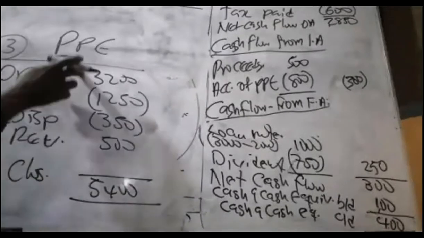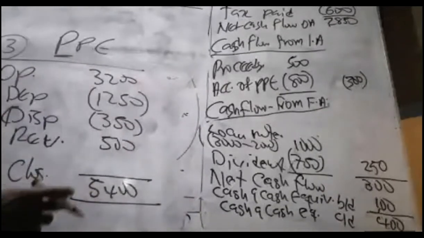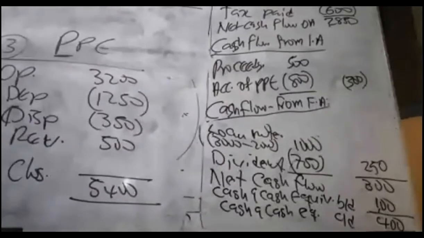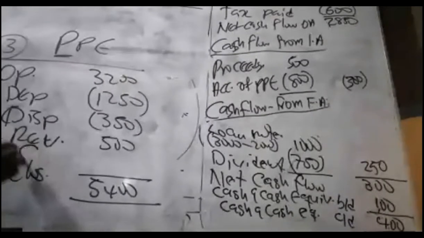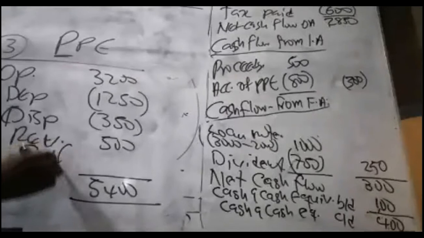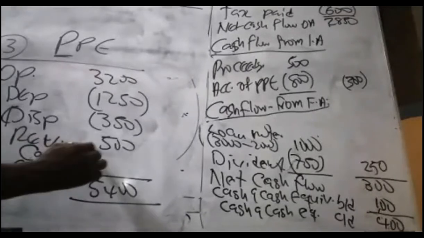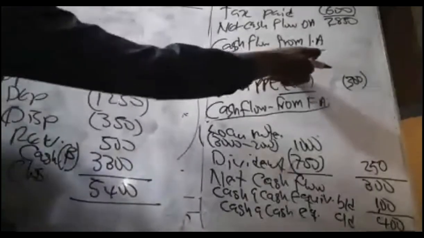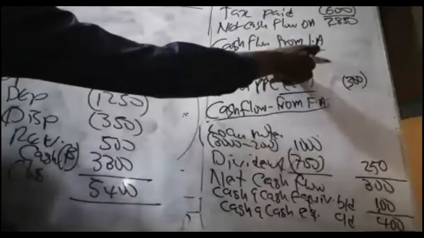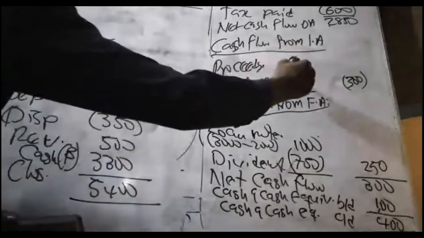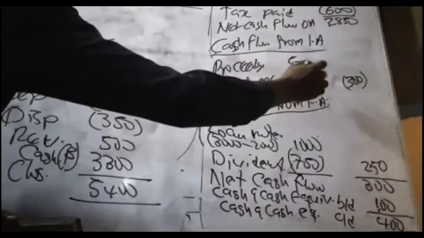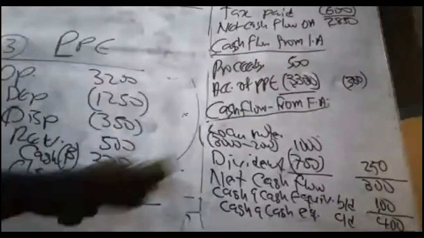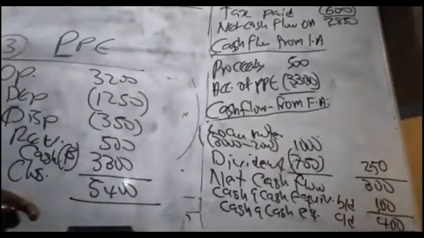If you add all this, it's not equal, so the difference represents PPE acquired. Therefore, cash is the balancing figure here, 3,300. So basically, this section will be affected, and that's all. 3,300, and then the net cash flow will be.